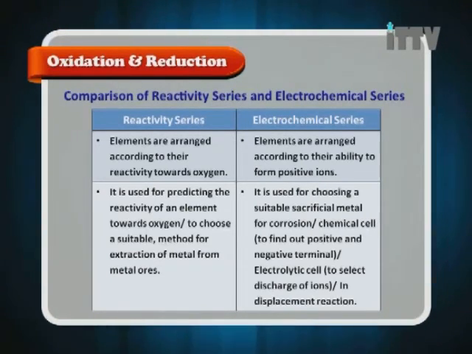Elements are arranged according to their ability to form positive ions in the electrochemical series, and the electrochemical series is used for choosing a suitable sacrificial metal for corrosion, or to determine chemical cells to find out which is the positive or negative terminal. Also for electrolytic cells to select discharge of ions, or perhaps even in displacement reaction.